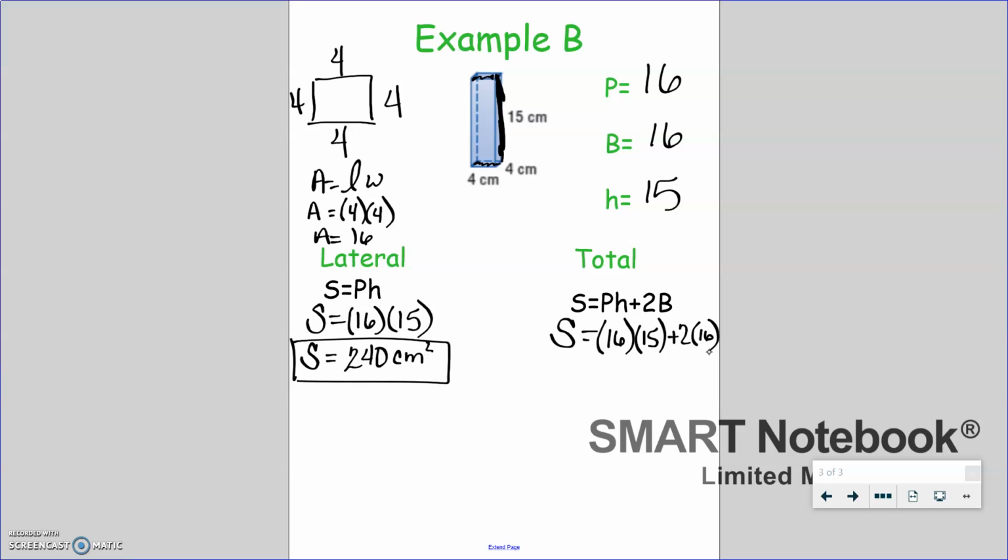So we know that our lateral surface area is 240 centimeters. So we know 16 times 15 is 240. We're going to add 2 times 16, which is 32. We're going to add those together, and we're going to get 272 centimeters squared.